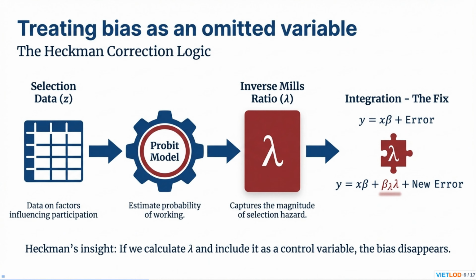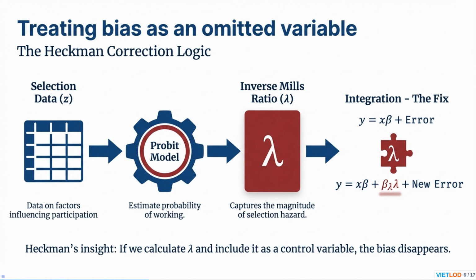Heckman's brilliant insight was to treat selection bias as an omitted variable problem. The process starts with the selection data, represented by z, which we use to estimate a Probit model on the probability of being in the sample, for example, the probability of working. From this Probit model, we calculate a new variable for each observation called the inverse Mills ratio, denoted by the Greek letter lambda.